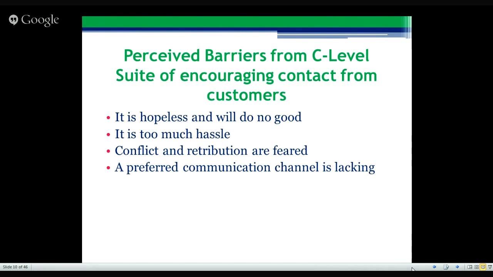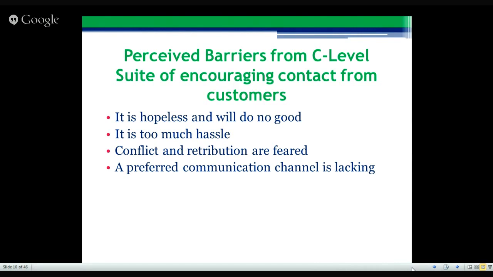Now, one way to really gain customer loyalty and to understand how to create the best experience for your customer, to create the positive emotional experience, is to ask questions, to create channels of communication so you can learn what your customers like about your brand and what your customers don't like about your brand. And that is the best way to create the experience for your customer to then in turn create customer loyalty.